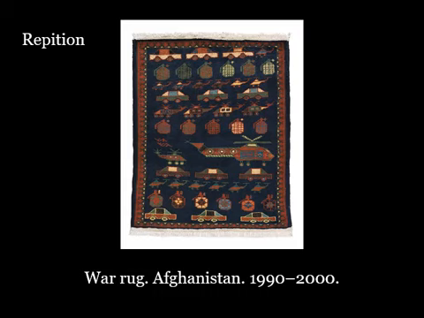So inside the border, which is in and of itself a pattern, we have a repetition in the images of the cars, helicopters, grenades, and so forth. And this repetition of objects becomes a pattern in and of itself.